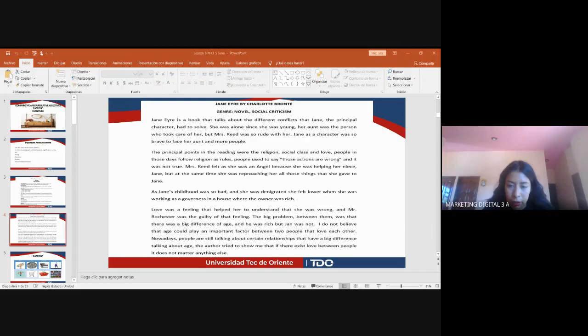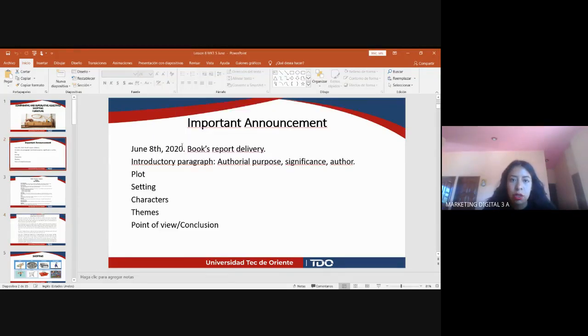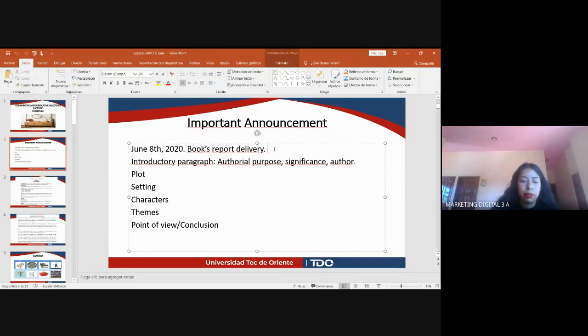Yes, it says here, where it says important announcements, June the 8th, 2020, book reports delivered. Before 8 a.m., so before starting your new class.